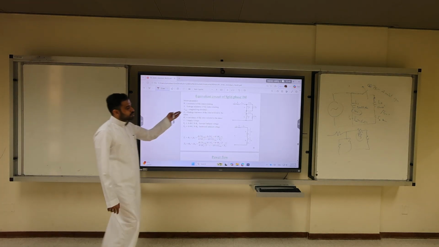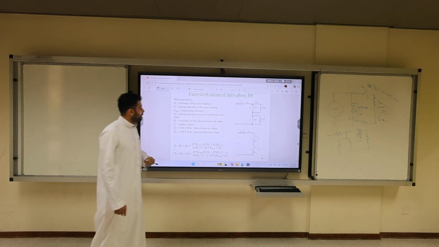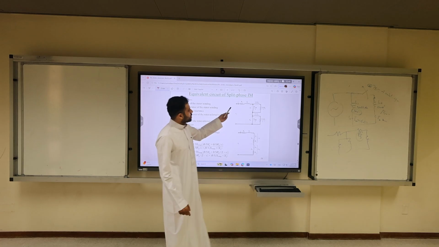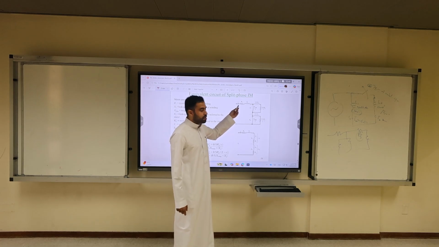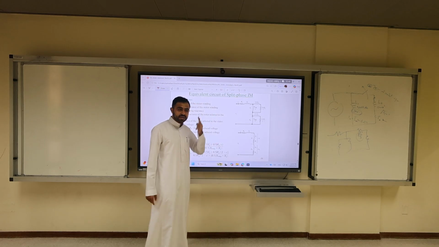Here is the original circuit. Let's explore it. Do I have core losses? Do I have a core model here? No, not needed, because it's single phase.